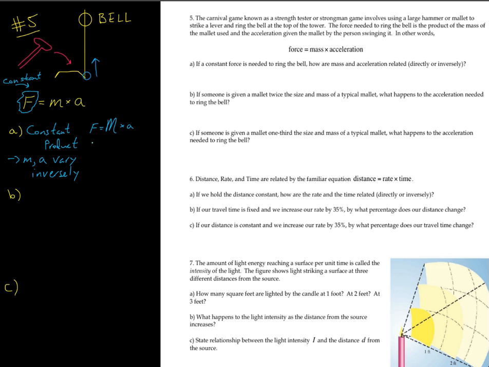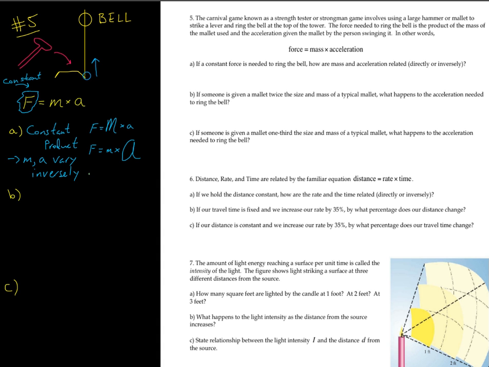Okay, well, if I can't change the left side, but let's say I can change the mass, and let's say I give someone a really, really teeny mallet, so the mass is really small. If they're going to achieve that same required force to ding the bell, that means their acceleration is going to have to be big.